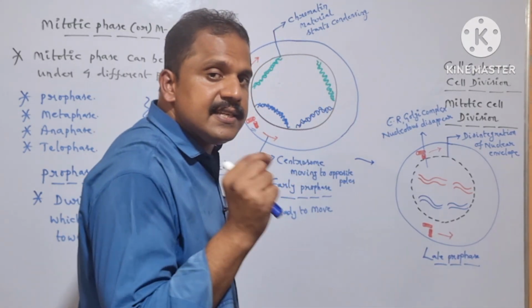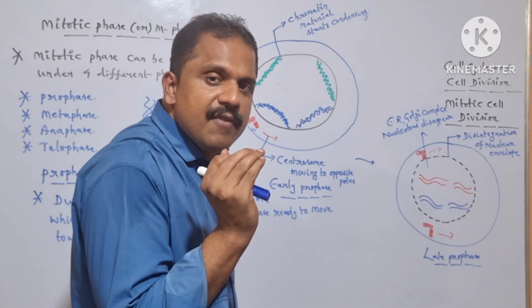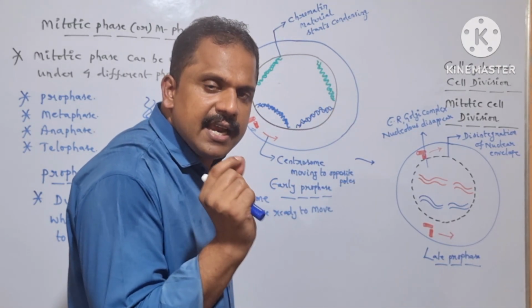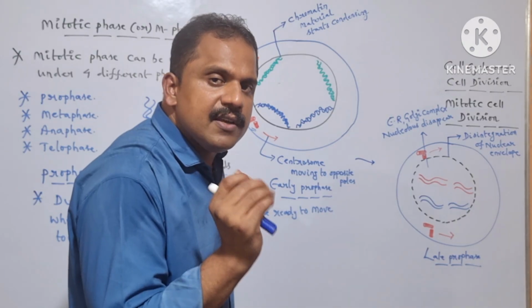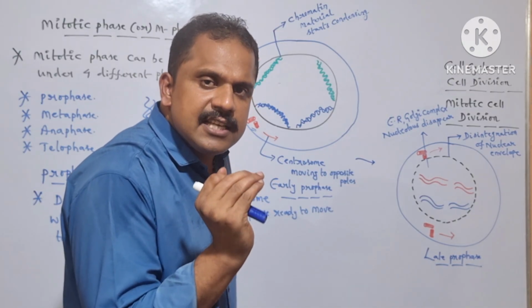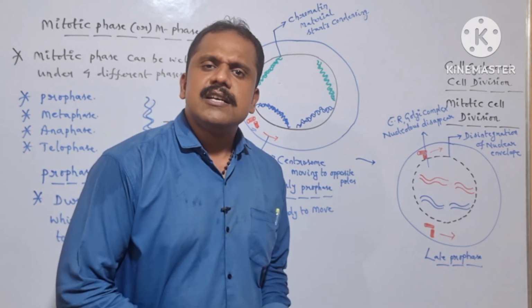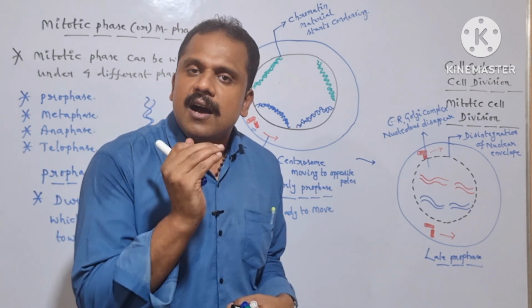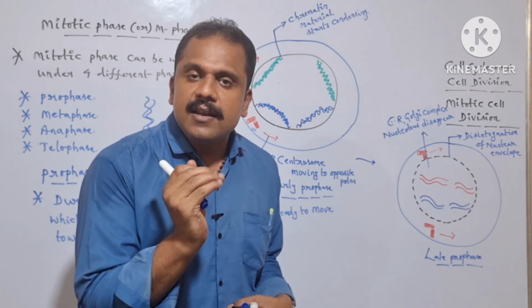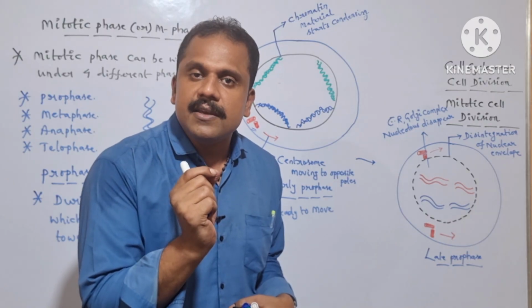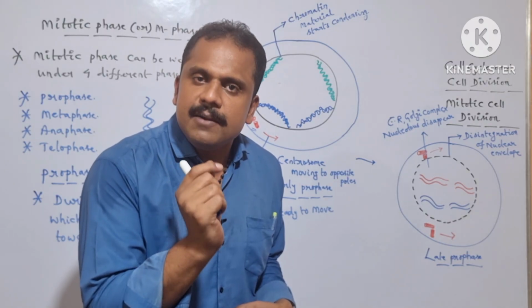So when the disintegration of the nuclear envelope successfully takes place, the various subcellular organelles like endoplasmic reticulum, Golgi complex, and nucleolus disappear at the very beginning of the late prophase.